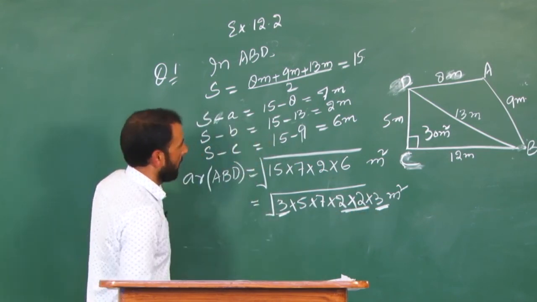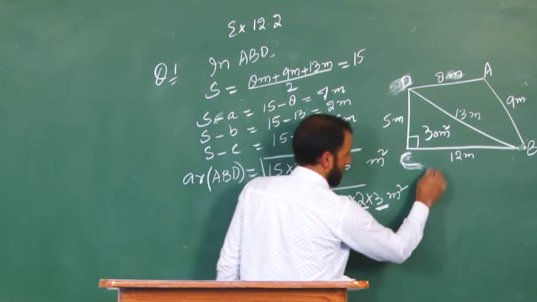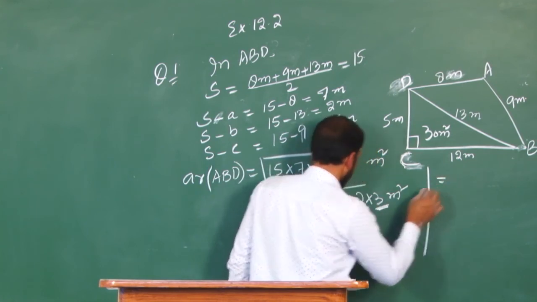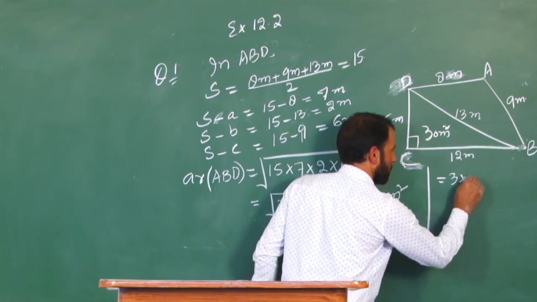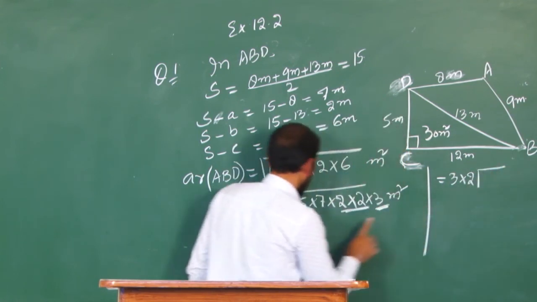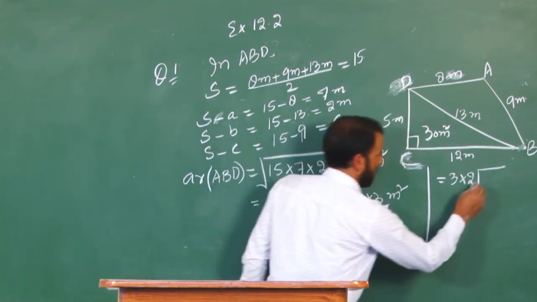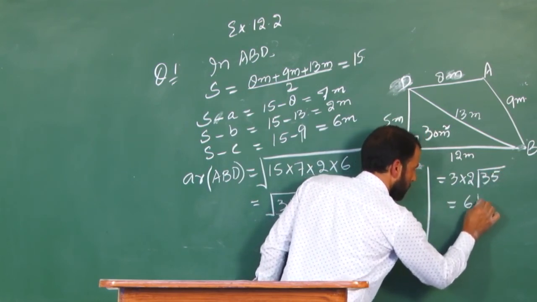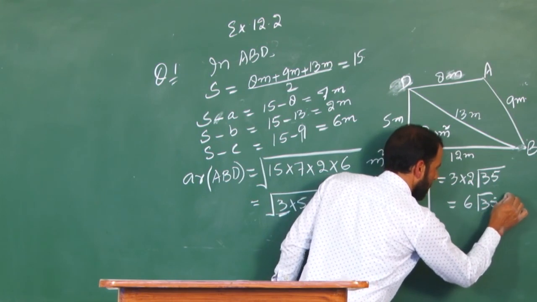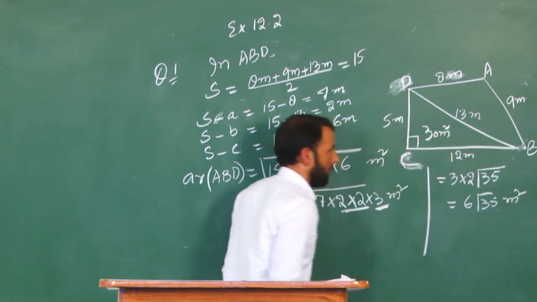So we take them out of the square root, we get 3 into 2, that is 6, into the square root of 5 into 7, that equals 35. So we get 6 into square root 35 meter square as the area of this triangle.